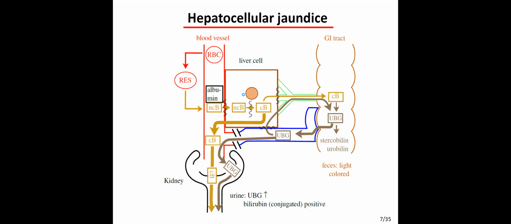AST, or aspartate transaminase, can be found in the cytoplasm and in the mitochondria, while alanine transaminase is located mainly in the cytoplasm. So what will happen when we have a drug or substance that damages the mitochondria, such as alcohol?